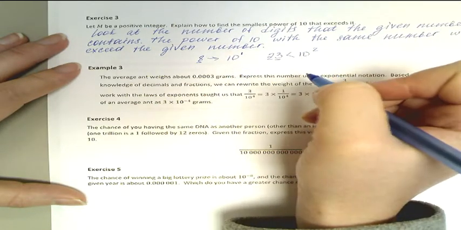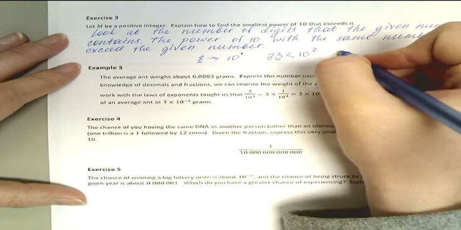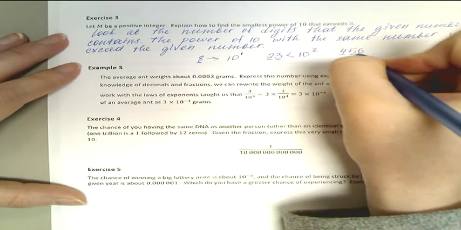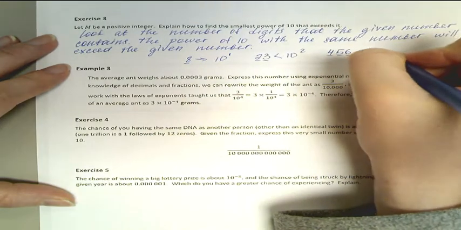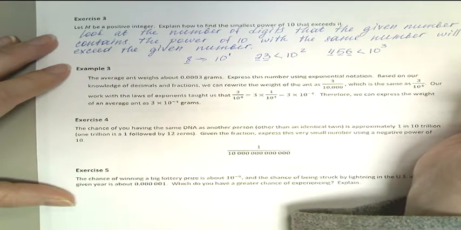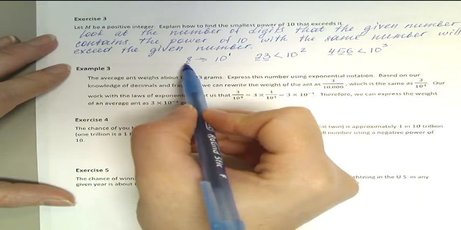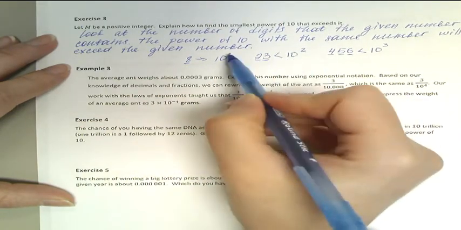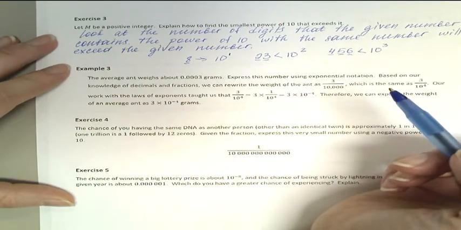Second power of 10 is 100. It has 3 digits, right? Let's look at number 456. 456 has 3 digits. The power of 10 that will exceed it will be 10 to the third, which is 1,000. 1,000 has 4 digits. Do you see the relationship? So we look at the number of digits the number contains, and the power of 10 with the same number of digits will exceed the given number.